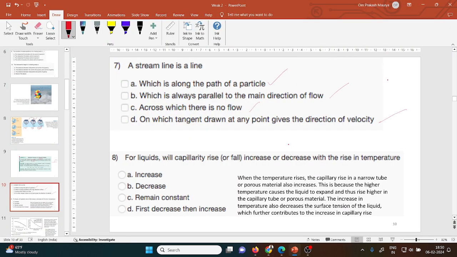So here, let us suppose you have a transparent pipe and water is flowing in this, entering here and leaving here. At a particular time t, suppose you have taken a snapshot of this flowing water.